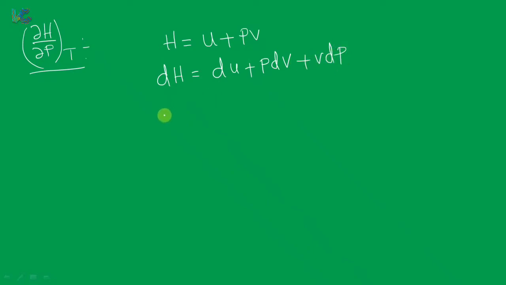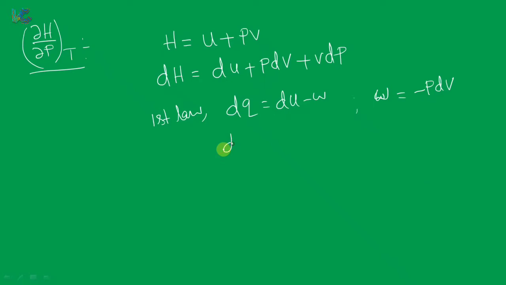From the first law of thermodynamics, dq is equal to dU minus w, and by the IUPAC definition, w is nothing but minus PdV.